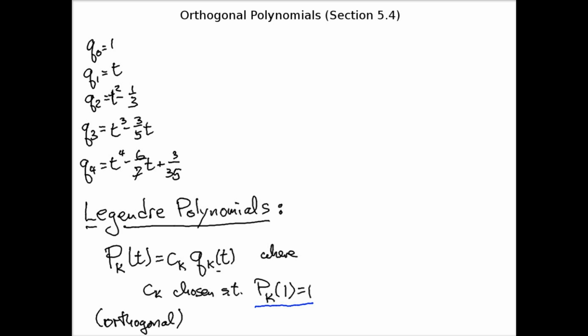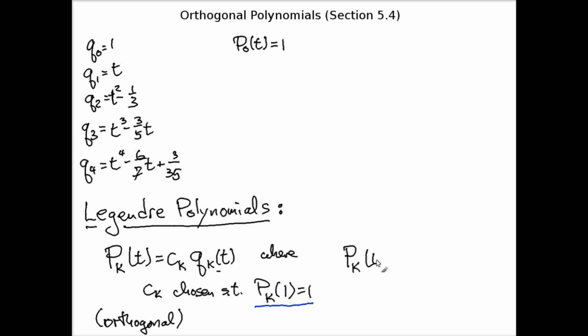So let's write down the first few of them, and these are called the Legendre polynomials. So P0 of t is what? Well, it's 1. And what is this ck anyway? Well, just think about it for a second.